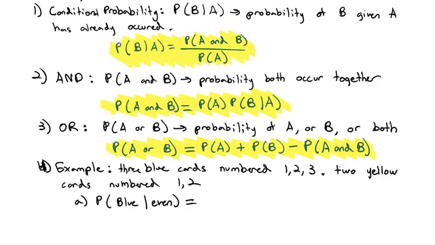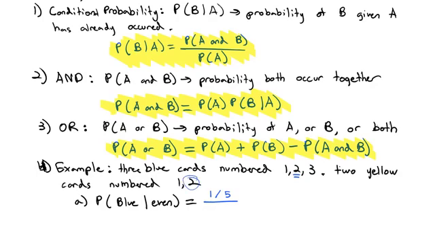So we find the probability of both blue and even. From the blue cards, there is one that is blue and even. So there's one of them out of the 5 cards, divided by the probability of the given information. The given information is that it's even.